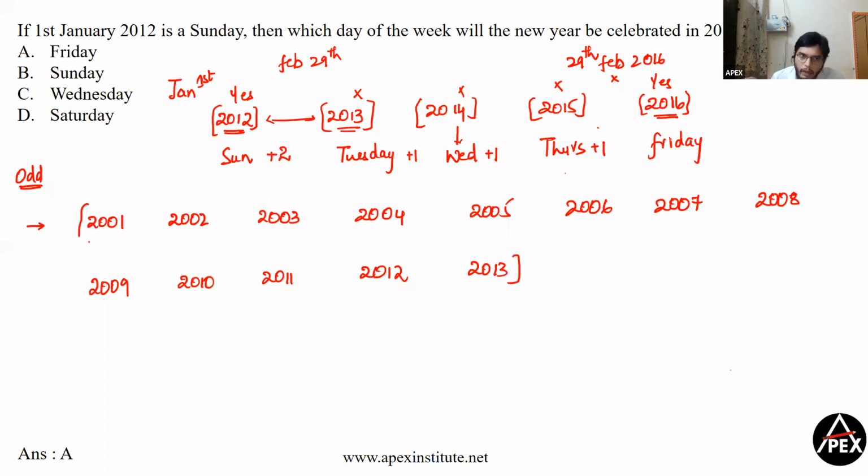How many odd days do we have from 2001 to 2013? 16 or 15? Okay, let's see.